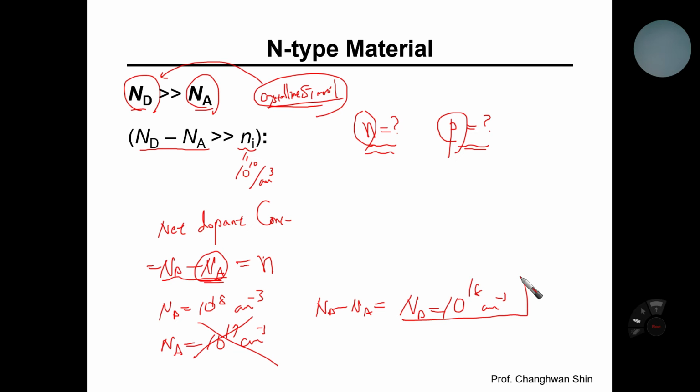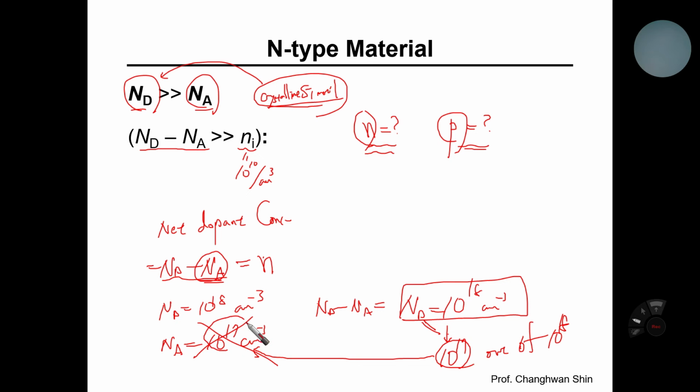So from now on, you can think of this sample with 10 to the 18 donors concentration. If I do some complicated mathematics, then you could claim that even though we plug in 10 to the 18 donor atoms, part of it, exactly 10 to the 17 out of 10 to the 18, those 10 to the 17 donor atoms are used to cancel out and compensate the 10 to the 17 acceptors.